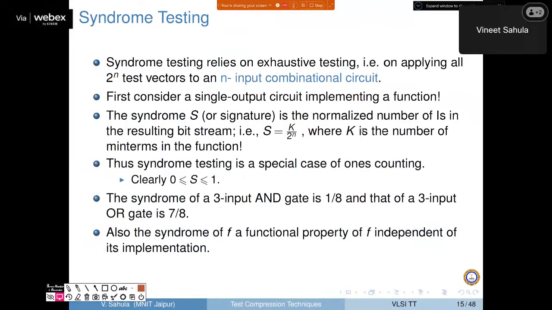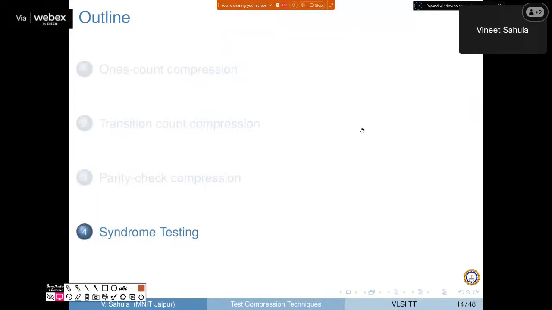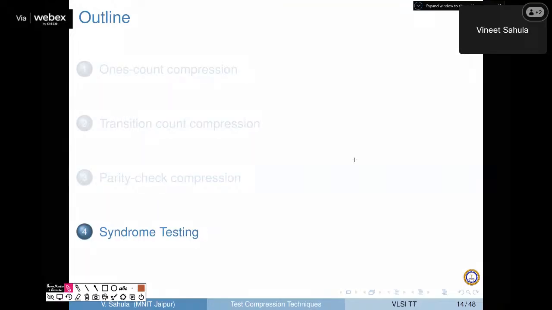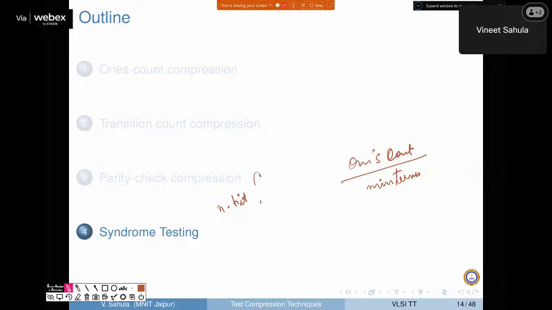Syndrome testing is almost like ones counting, but we just take the ratio. We take the ratio of the ones count along with how many bit positions are there. So the total number of minterms available: if you have an n-bit function, the total number of minterms would be 2 to the power n, right?